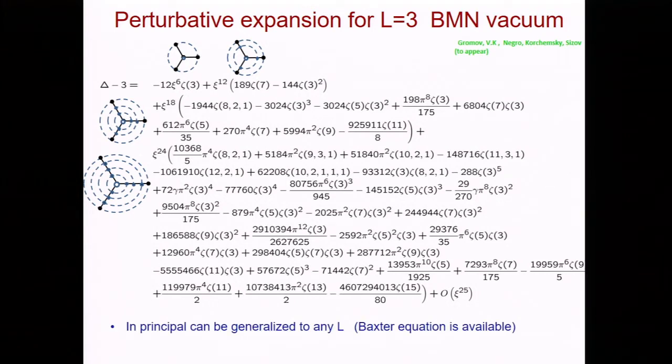Okay, I think I have to stop here. I will pass to conclusions, and also if generalized to any L, for example, the Baxter equation at any length, any number of spokes is known. I wanted to talk about the specific stringy behavior of this object.